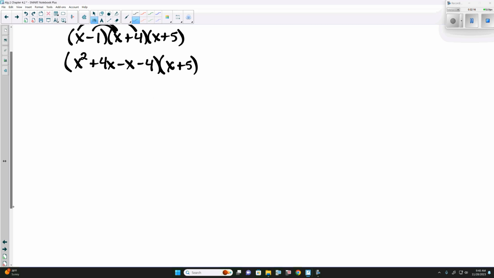Now it's not incorrect at this point to go on and multiply these two together, but I would advise against it. The first set of parentheses, are there like terms? The 4x and negative x. It's going to be better to go on and combine those before we start multiplying again.